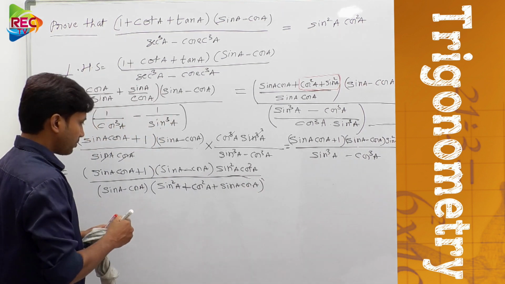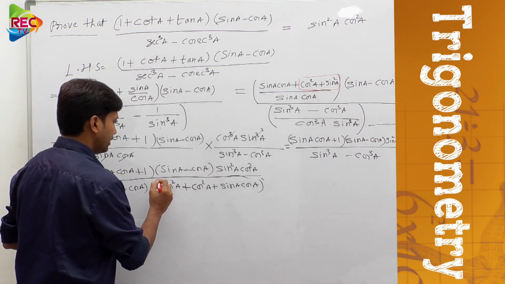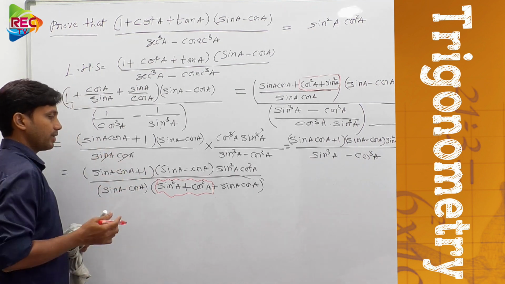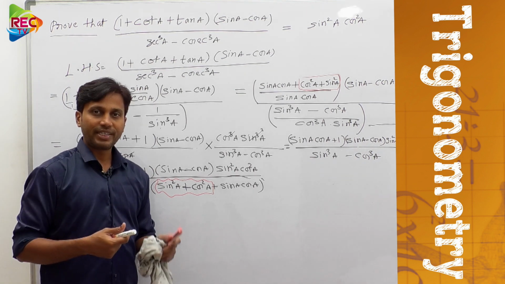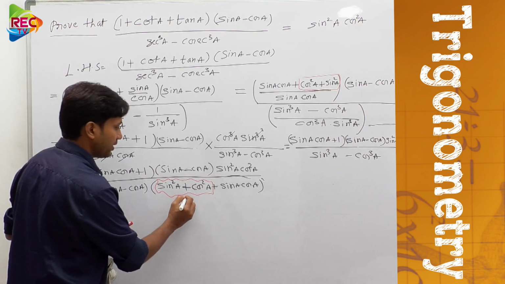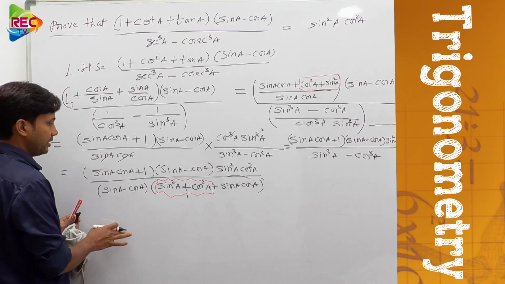Now I think you might have identified this: sin square a plus cos square a. What is sin square a plus cos square a? It's a standard trigonometric identity. What is the value of this? 1, exactly.